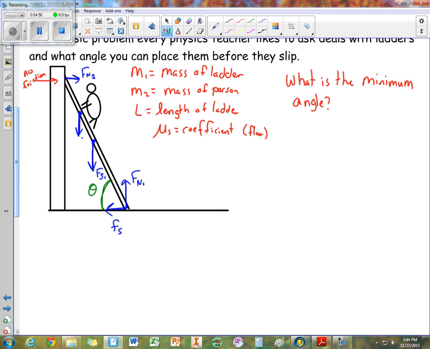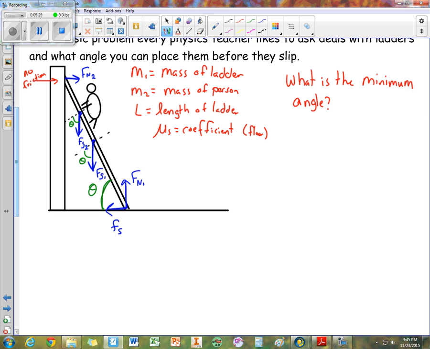I'm going to call that Fg2 for the person. Now, notice, this is kind of cool. Just like with a ramp, our angle theta can be found right here and right here. So that angle theta is found in those two places as well. All right, I think we have everything we need to get started.